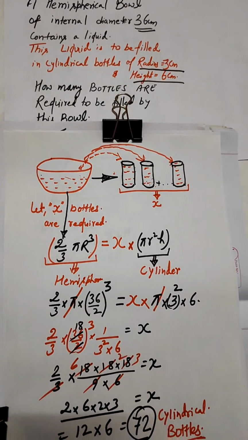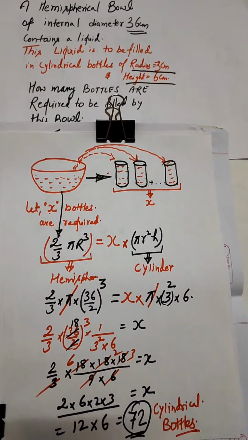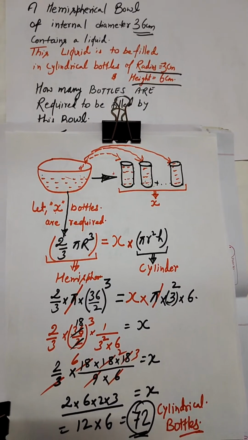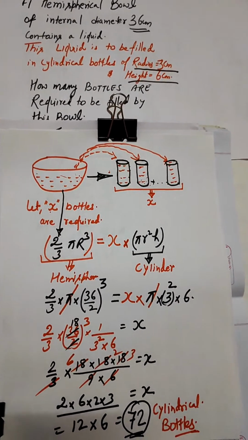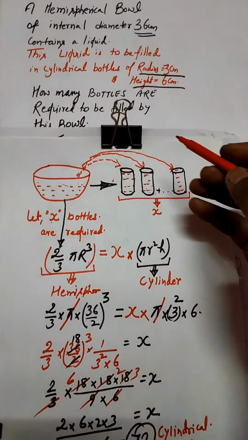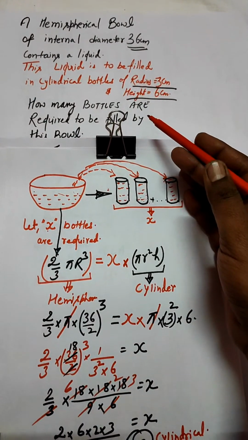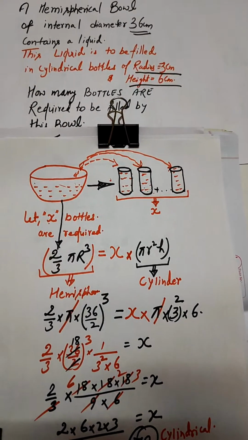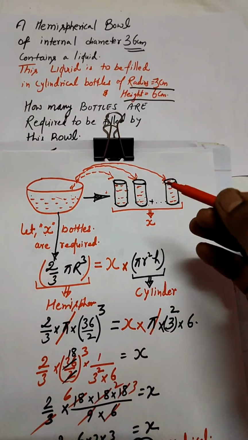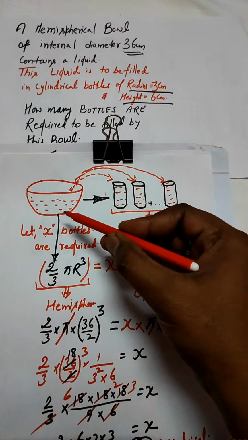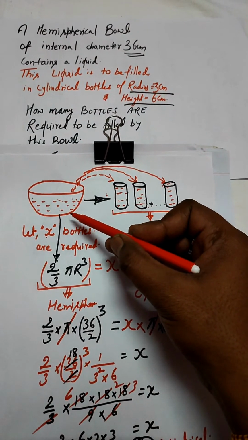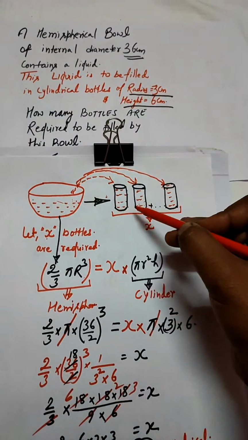This is an NCERT question. So you will get such questions in NCERT also, but with different dimensions it can be. Children, I want to make all understand how such questions can vary. In place of a hemisphere, it can be a cylinder, and on the right hand side you can have hemispherical balls.